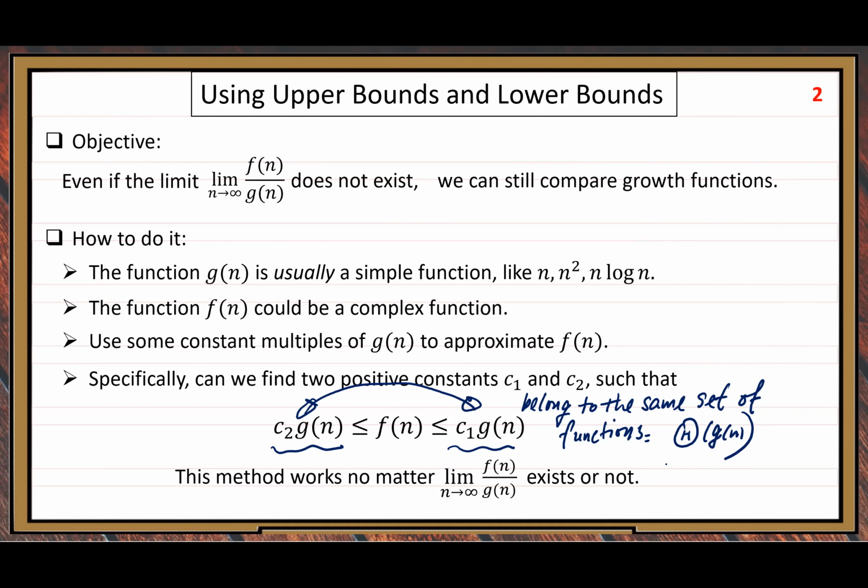But one comment: if the limit way works, most of the time the limit way is better. Why? Because we can use L'Hopital's rule. If the limit exists, then we can use the limit calculation techniques.